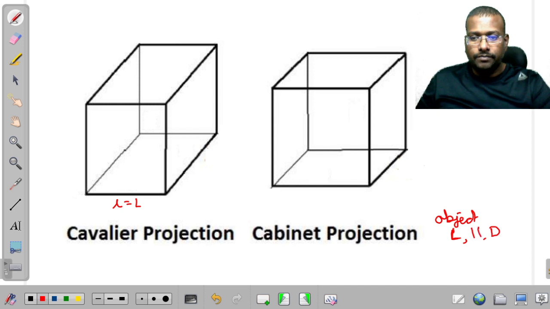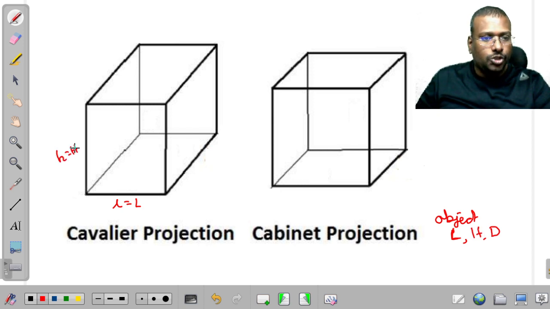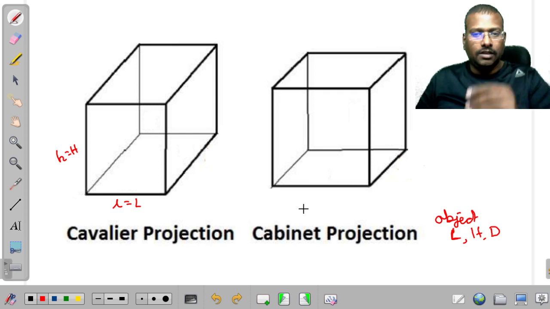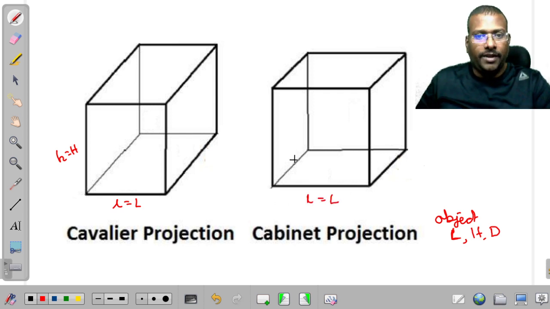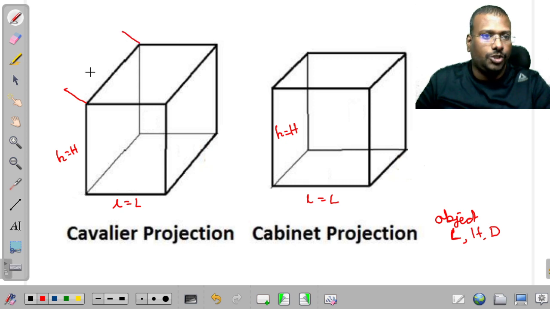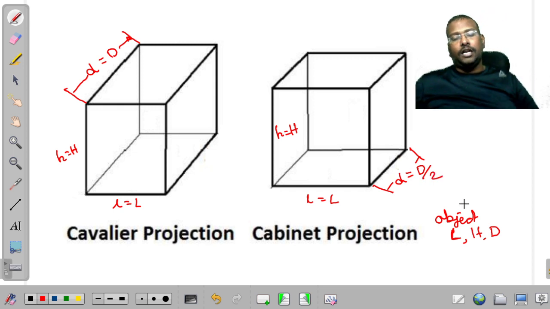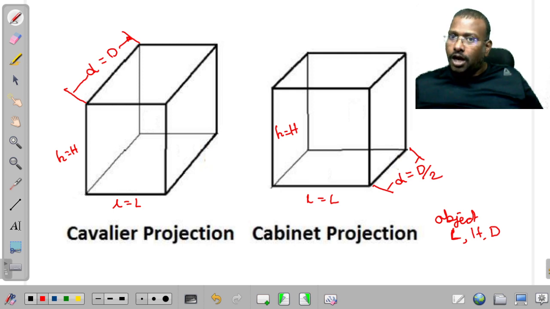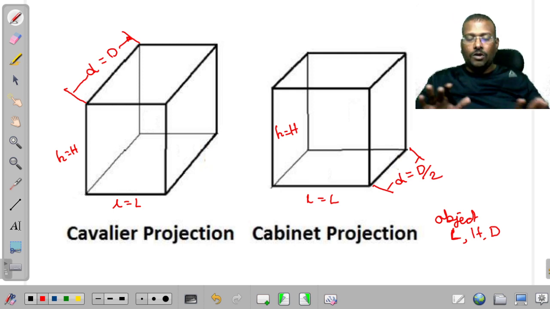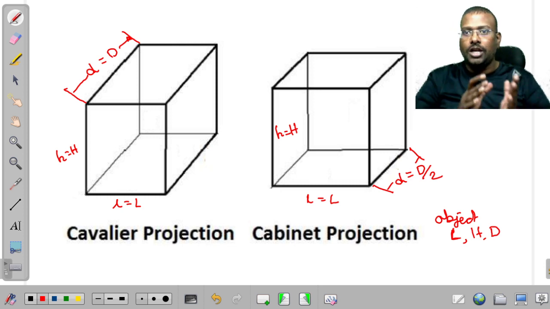So small h is equal to capital H. Here also length is equal to capital L, height is equal to capital H. The only difference is that in Cavalier projection the depth should be equal to the actual depth of the object, whereas in cabinet projection the depth of the projection is equal to half of the depth of the object.